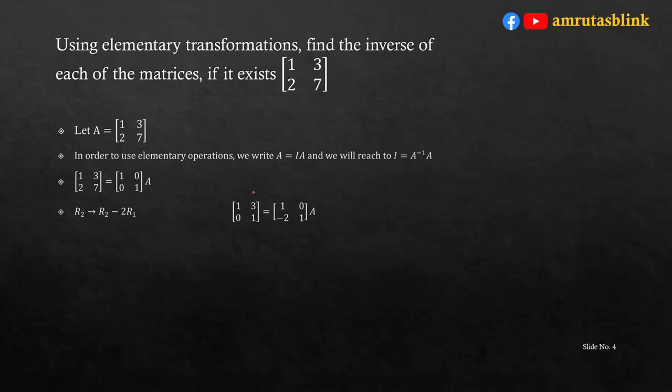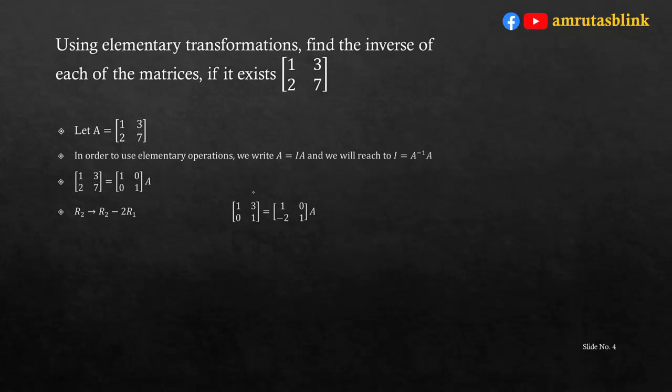So, R2 becomes R2 minus twice R1. First row as it is, 1, 3. Now 2 minus 2 into 1 is equal to 0. Similarly, 7 minus 2 into 3, that is 7 minus 6, is equal to 1.